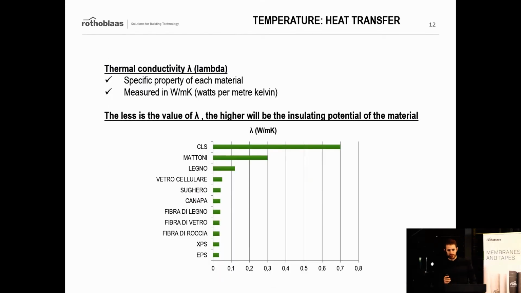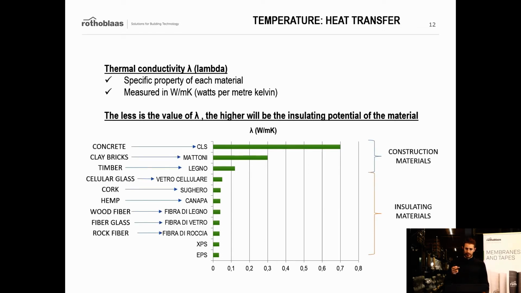So it's very important to talk about the thermal conductivity, which is this lambda here that we are seeing. So different materials have different thermal conductivities. In timber structure, for instance, we are lucky in a sense because the timber has a very low conductivity, and therefore it helps out the insulation of the structure itself.